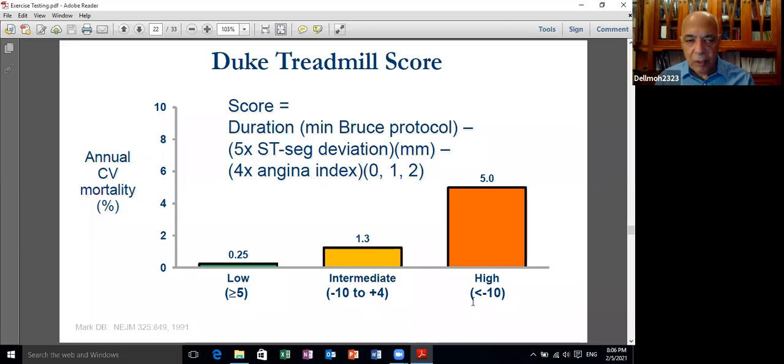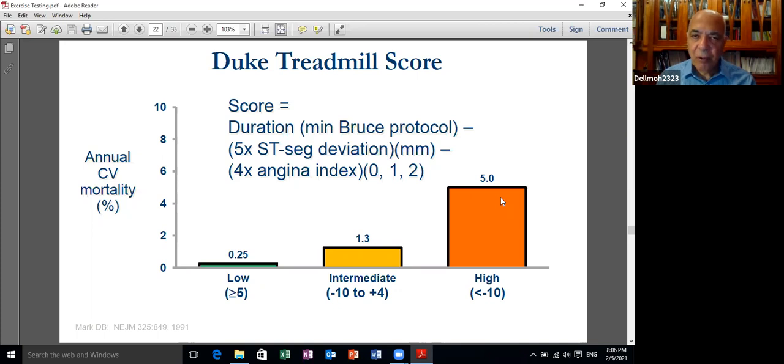And it tells you the mortality in an almost accurate way. So in the low risk category, you have a mortality of 2.5 per 1,000. You cannot get more assurance for the patient except by such very low figures. And you get a mortality of 1.3% for patients with an intermediate risk score, and a high mortality rate of 5% in patients with a high Duke treadmill score.